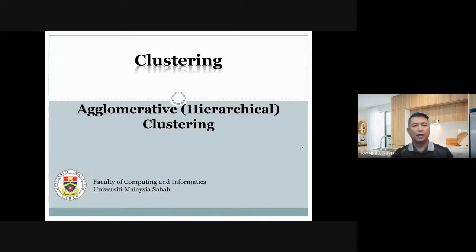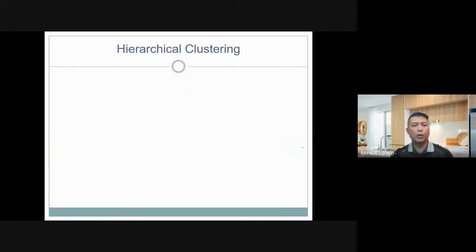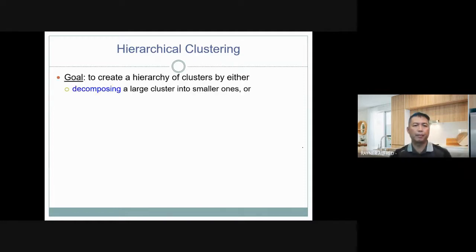Okay. So another type of clustering is called agglomerative or hierarchical clustering. For this one, we combine the documents into the same cluster based on the similarity of the documents.